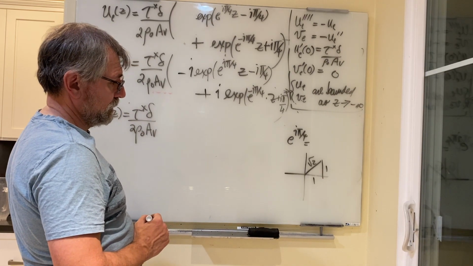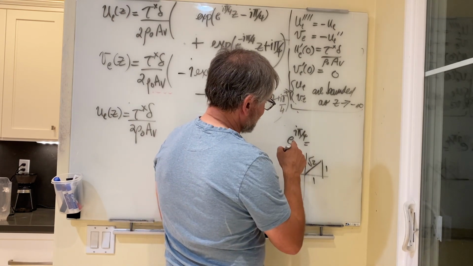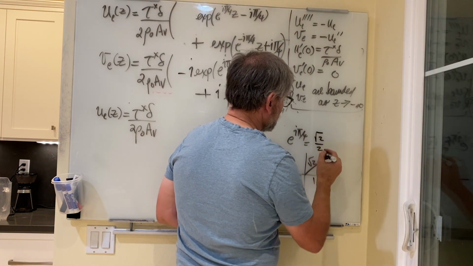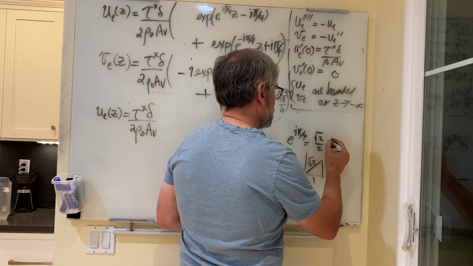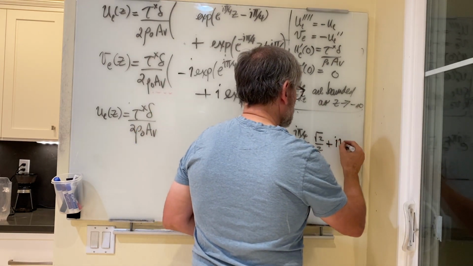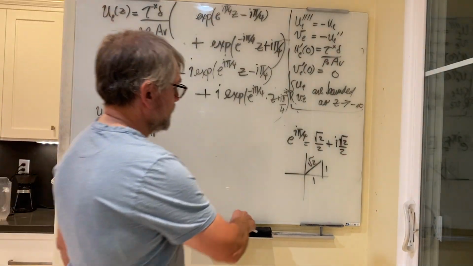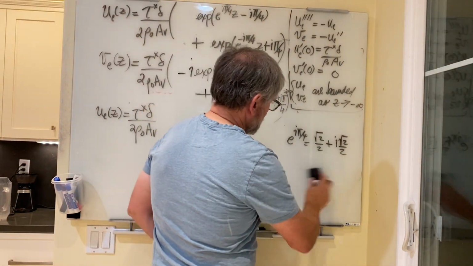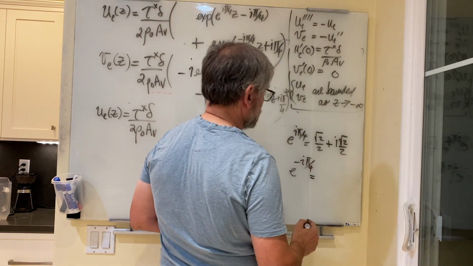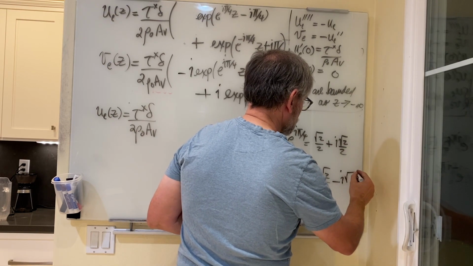So this quantity is going to be equal to root 2 over 2 plus i root 2 over 2. And then e to the minus i pi by 4 is equal to root 2 over 2 minus i root 2 over 2.